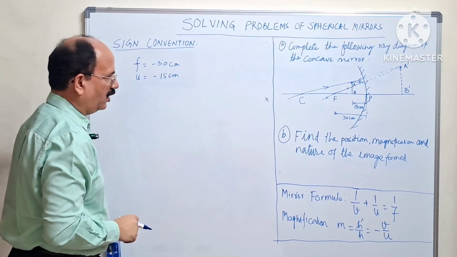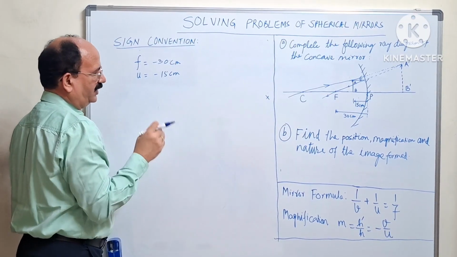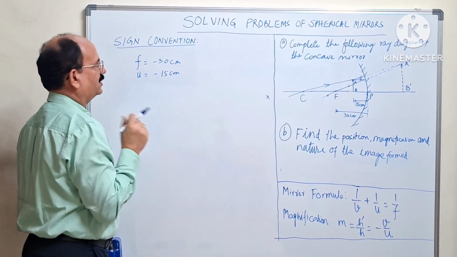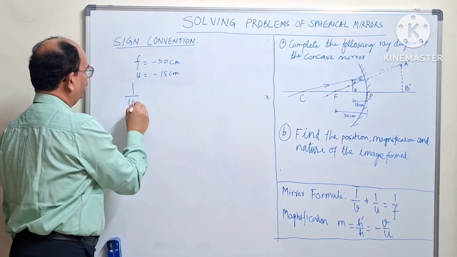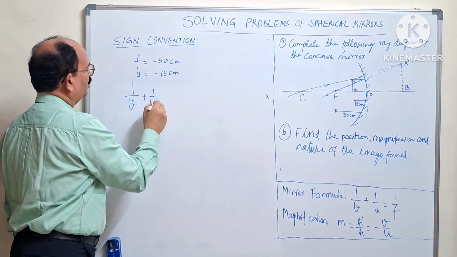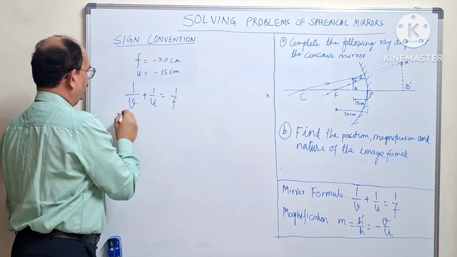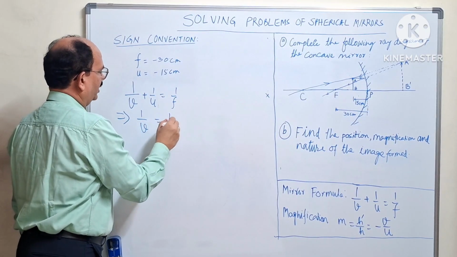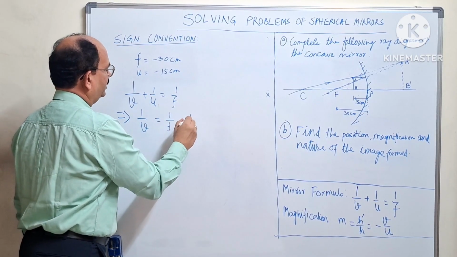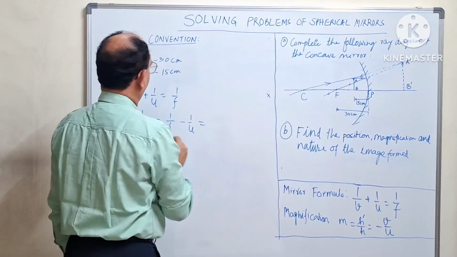Now we have to find out what will be the value of the image distance from the pole. So we will use the mirror formula, which is 1 by v plus 1 by u is equal to 1 by f. Therefore, we will write 1 by v is equal to 1 by f minus 1 by u. And we will put the values along with the sign.